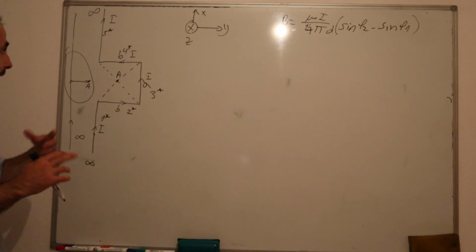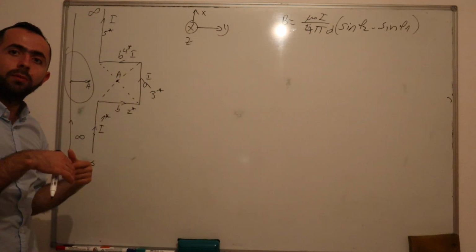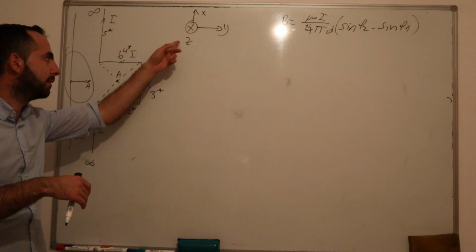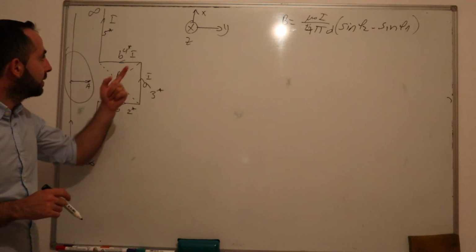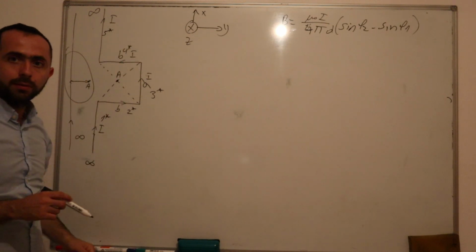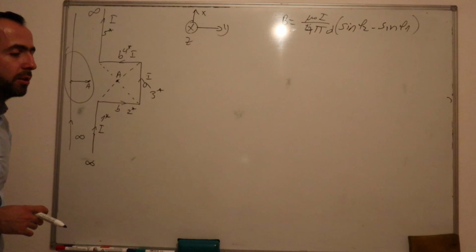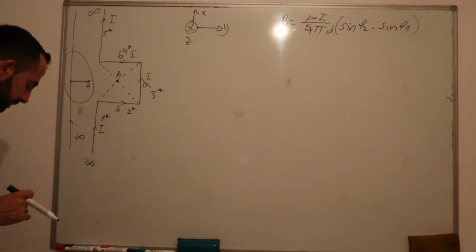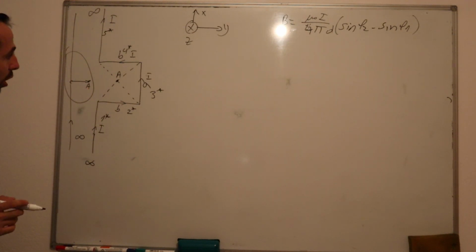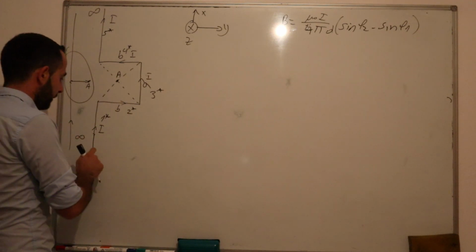So every field that has this direction will have a positive unit vector in the z-axis, and the opposite direction, towards you, will have a negative unit vector of the z-axis.